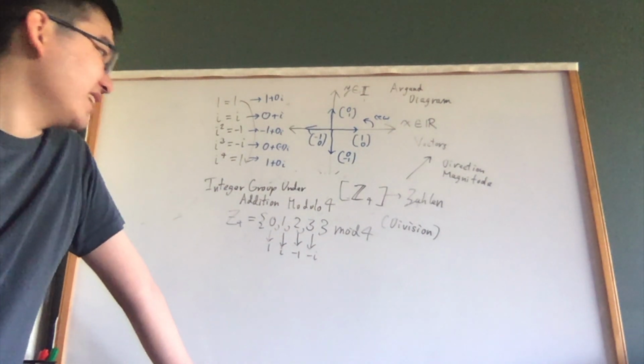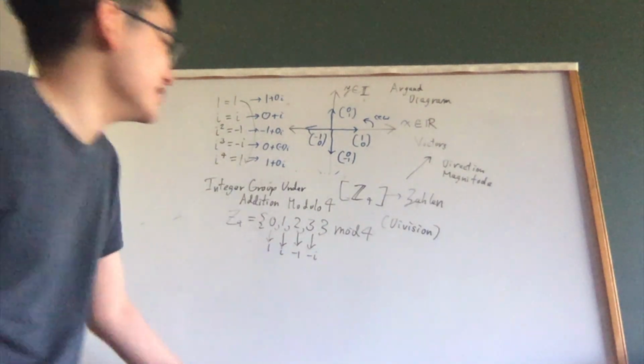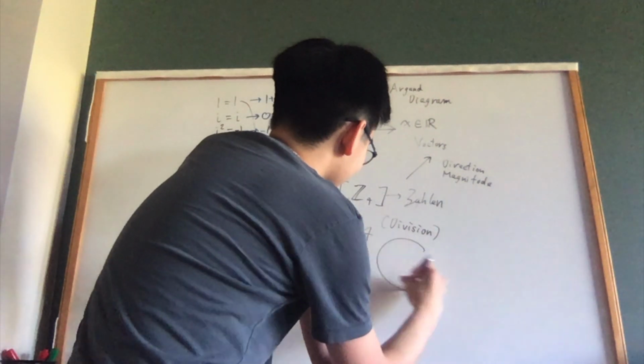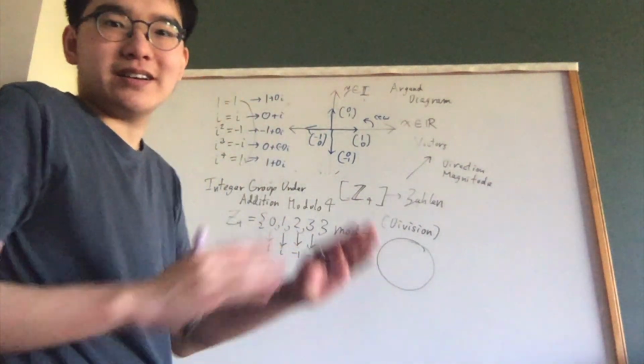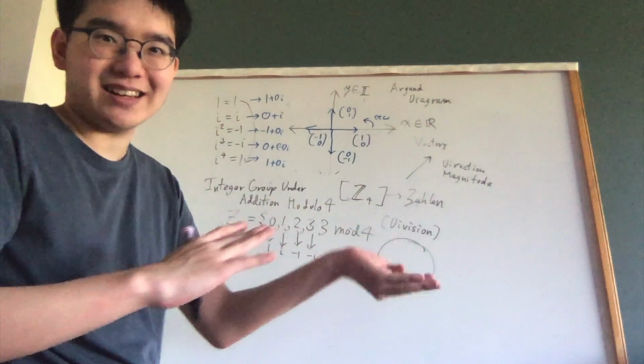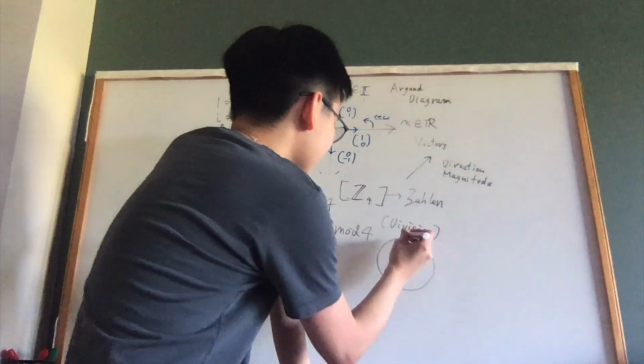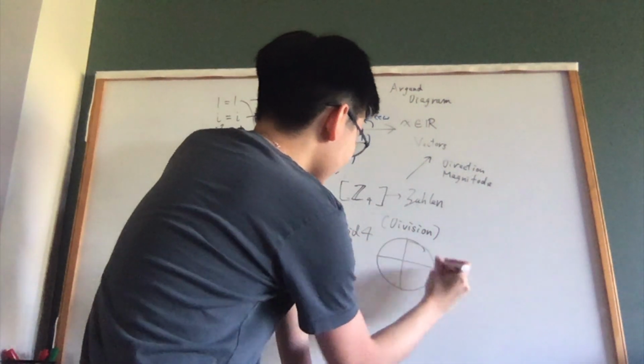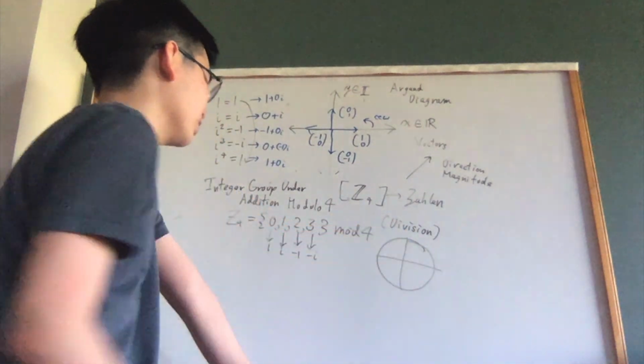The best way to think of division is a circle that you're carving up into different pieces, pie pieces or cake slices. You're making 4 slices, so you cut 2 lines and you end up with 4 groups.